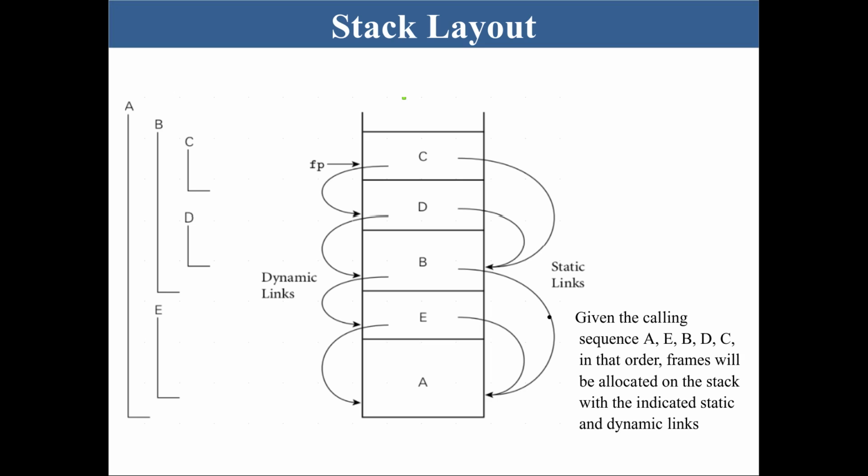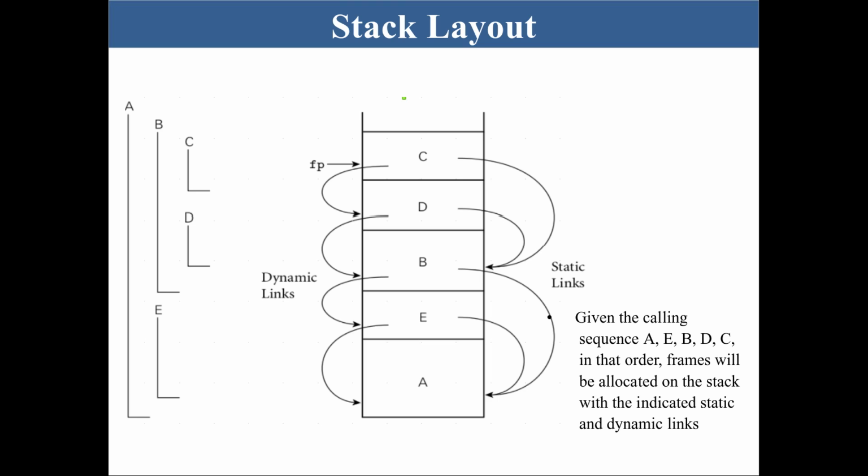There, each stack frame contains a reference called a static link to the frame of the lexically surrounding subroutine. That is, each stack frame contains a reference to the frame of the lexically surrounding subroutine, and this reference is called static link. The saved value of a frame pointer which will be restored on subroutine return is called dynamic link.